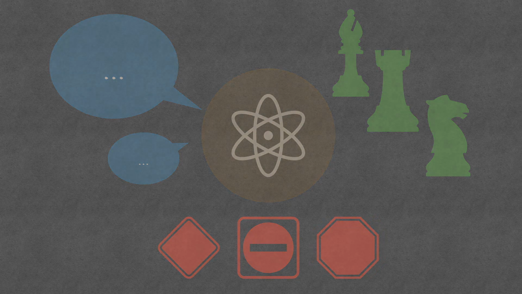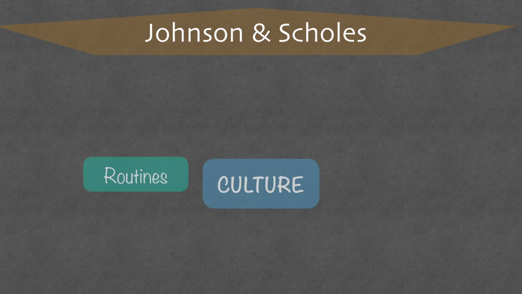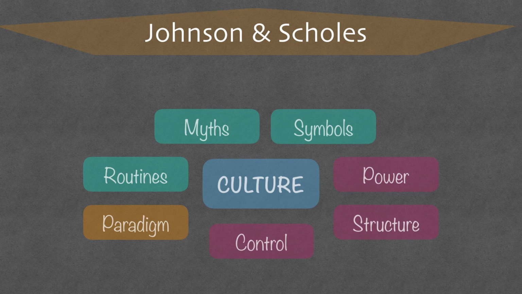In 1997, Johnson and Scholes developed a tool, the cultural web model, according to which this cultural construct is composed of 7 elements: routines, myths, symbols, power structure, organizational structures, control systems, and paradigm. This tool is relevant for being able to adapt the style of change management according to the value system of the company.